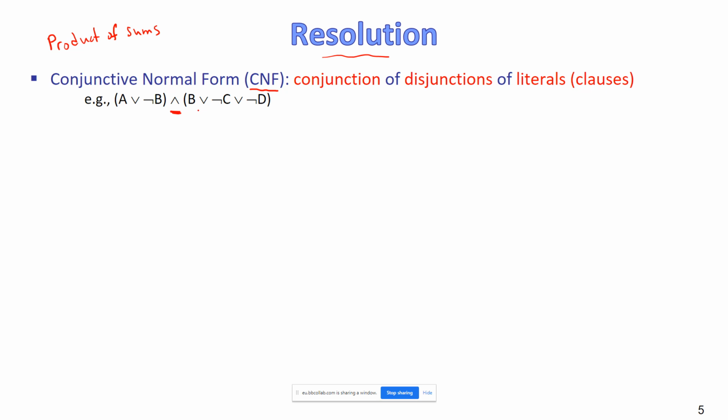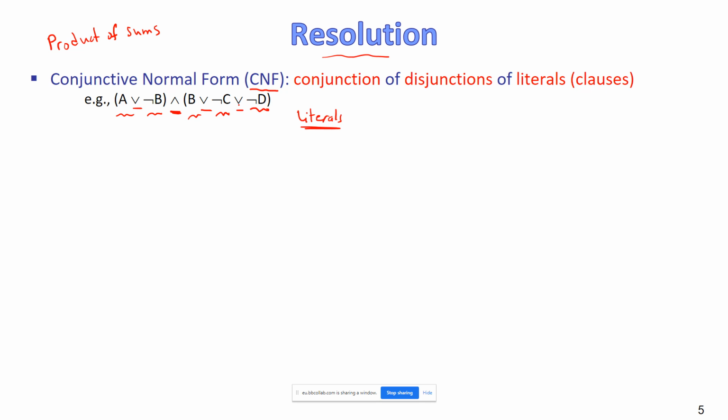Each one of these is a sum because we have an or here. We call these literals. The literals are either the variable or the negation of it. So not D is a literal, B is a literal, not C is a literal, and so on. It's either the variable or its negation.